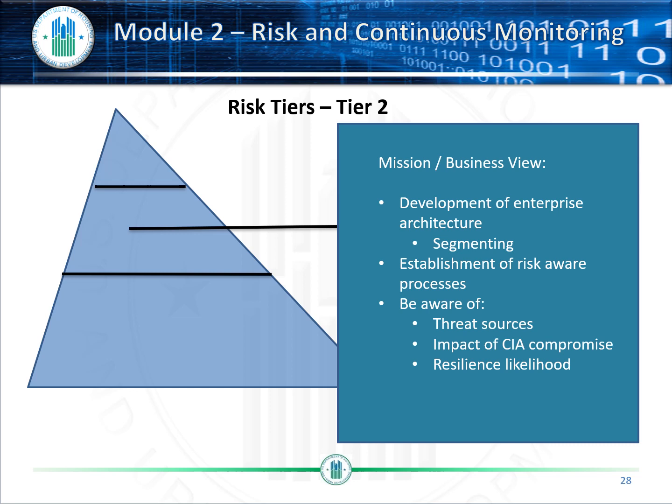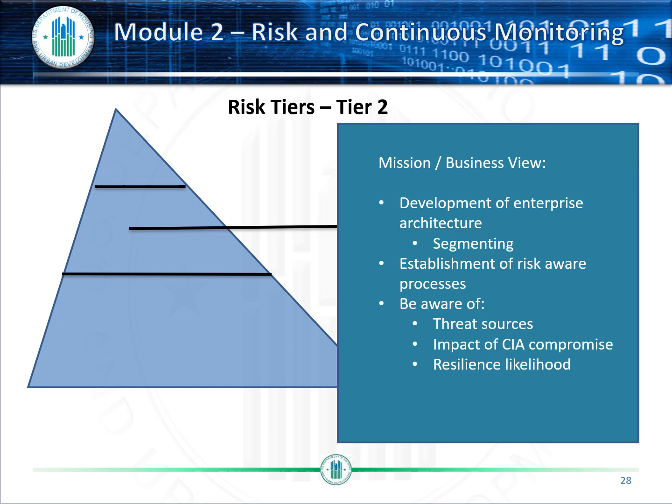The risk management activities at Tier 2 begin with the identification and establishment of risk-aware mission and business processes to support the organizational missions and business functions. A risk-aware mission and business process is one that explicitly takes into account the likely risk such a process would cause if implemented.